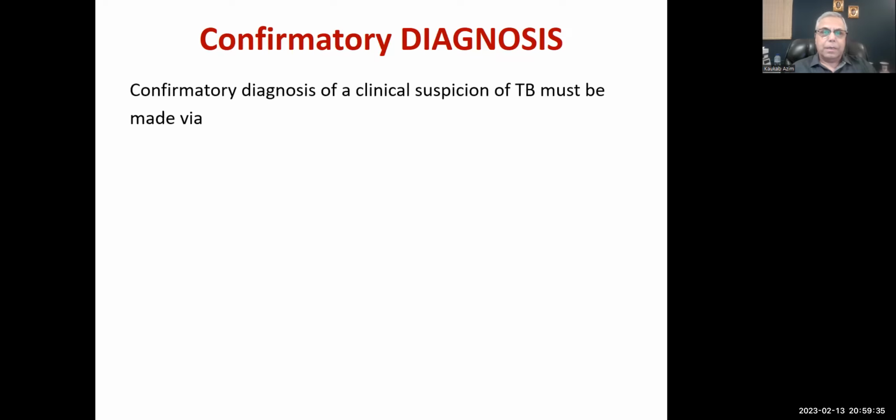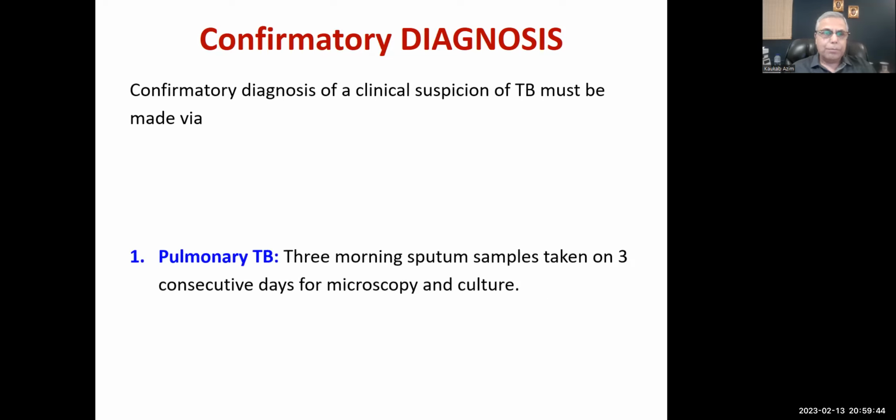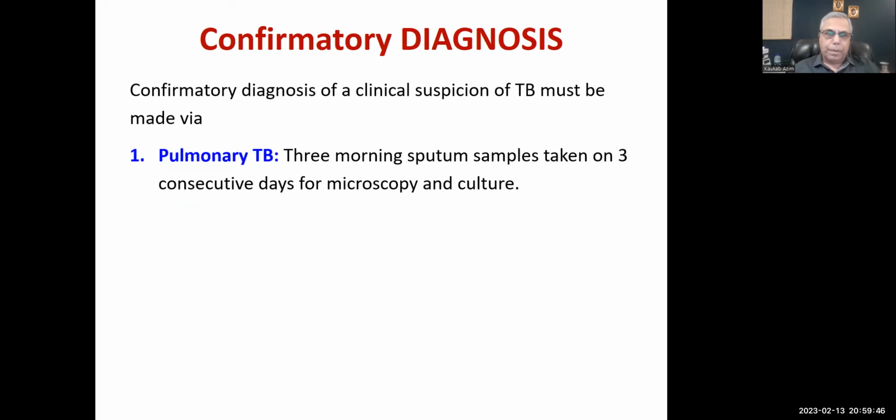Now, confirmatory diagnosis is after a clinical suspicion. For example, if the reaction to the skin test is very strong, then for pulmonary tuberculosis, you will take 3 morning sputum samples on consecutive days for microscopy and culture. You'll stain them for acid-fast bacilli and you'll send them for culture.